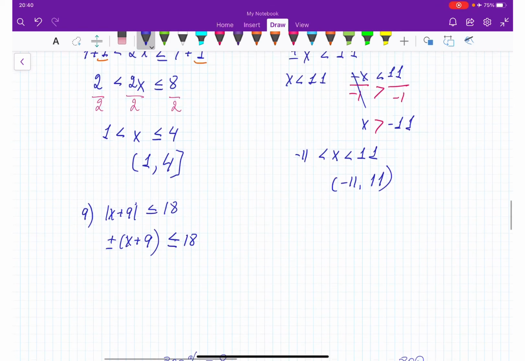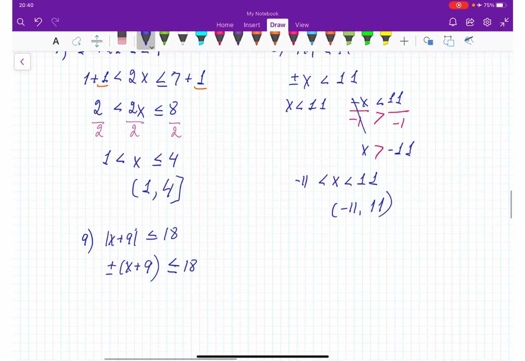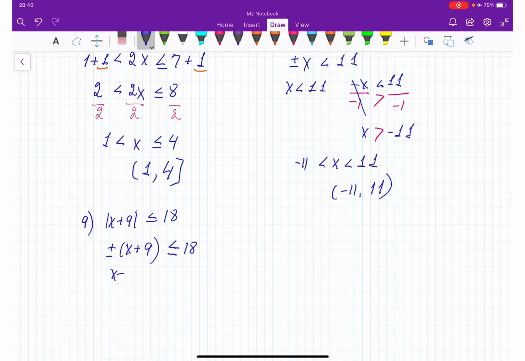So from here, we get x plus 9 less equal 18 and negative x plus 9 is less equal 18, equal sign. Okay, x less equal 18 minus 9, or x less equal 9.